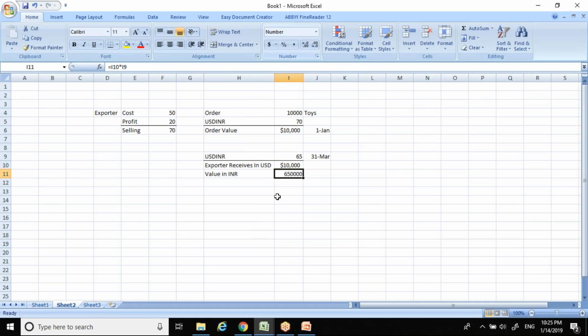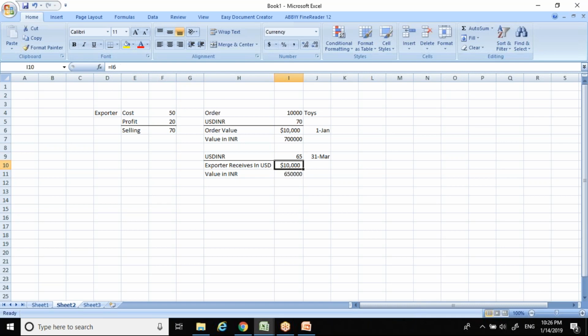He was expecting around 70,000 in INR, but he got much less. So he actually incurred a loss of 5,000. So there is a risk of currency volatility with every exporter.